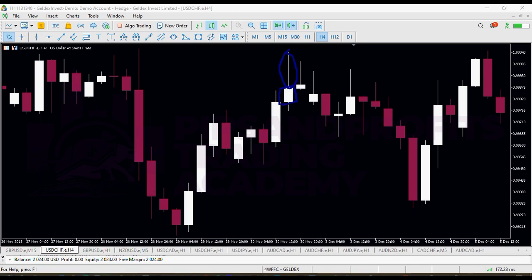So at this point, when you see something like that, you can say that the bears were strong enough to push price to this level. It also communicates that because of that strong rejection, there is possibly going to be a reversal. And that is what happened.